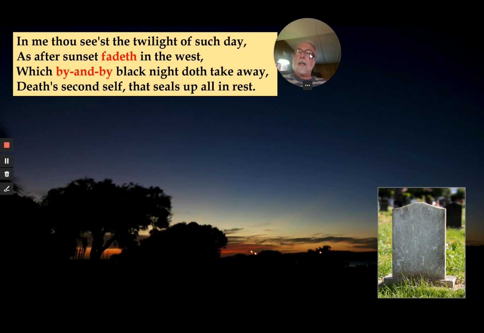And that is really evident by the last phrase of the last line, "that seals up all in rest." And so it's like the guy is basically sharing with his companion, his wife, that each day I'm getting closer and closer and closer to my death, because that's what you see happening every day.